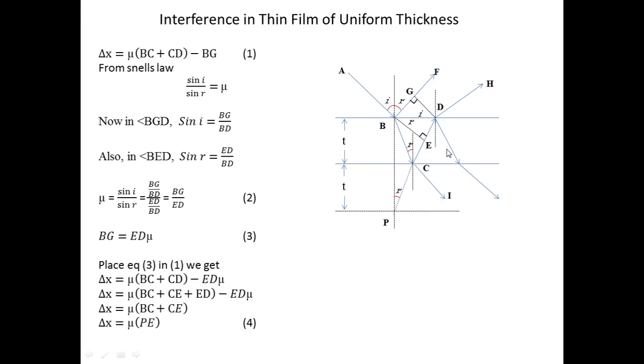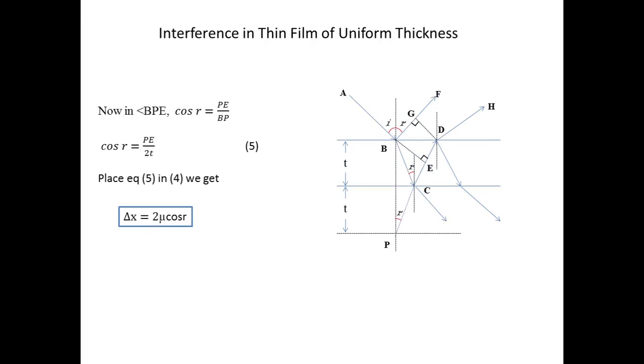After rearranging this equation, we'll get the final equation delta x equal to mu into PE, as PE equal to BC plus CE. That is our equation number 4.